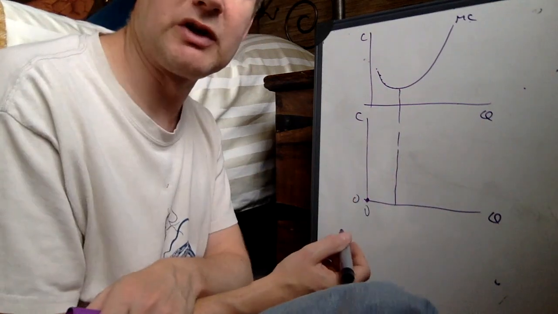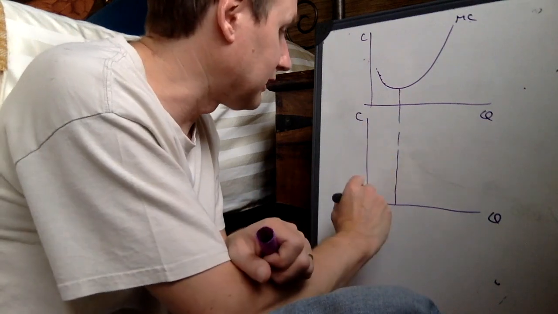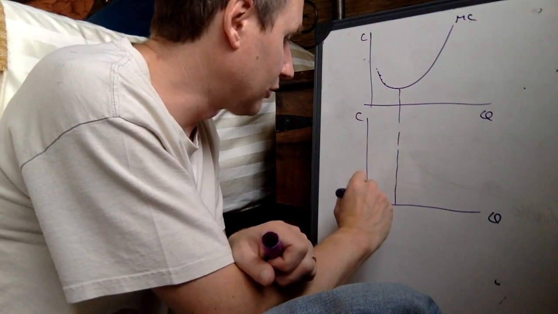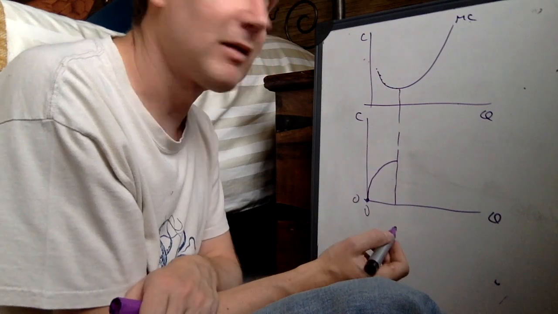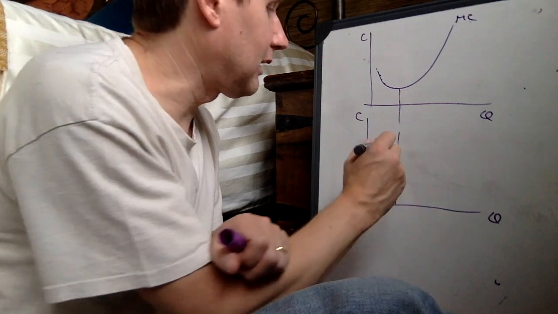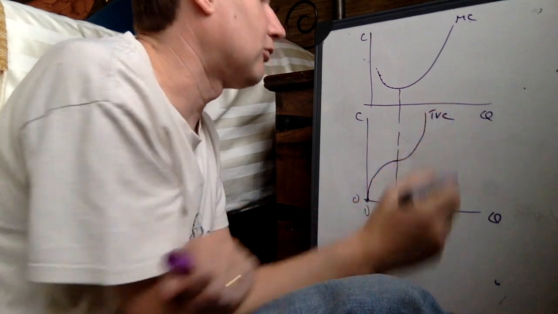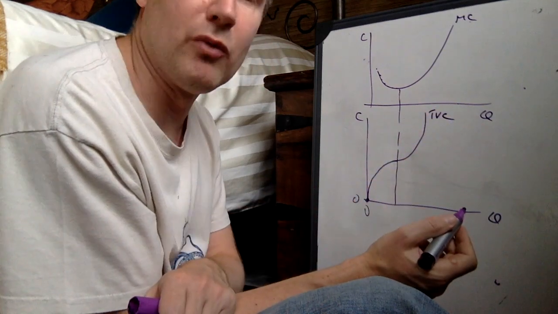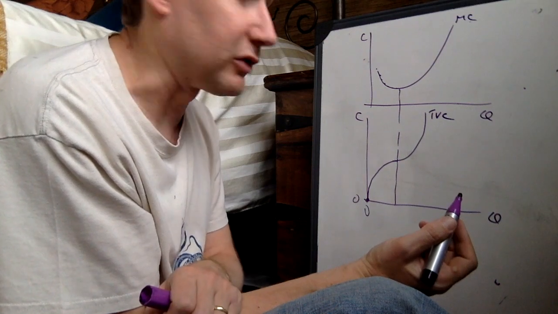So your total variable costs are rising, but they're rising more slowly. They're going up, slower and slower and slower like that. After this point, each unit costs more than the one before, and therefore total cost rises more and more quickly. So that's how marginal cost and total variable costs are interrelated.